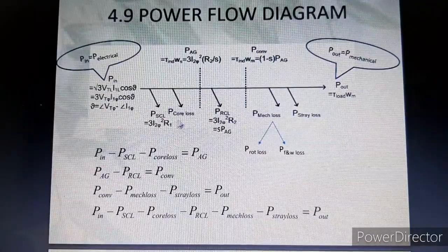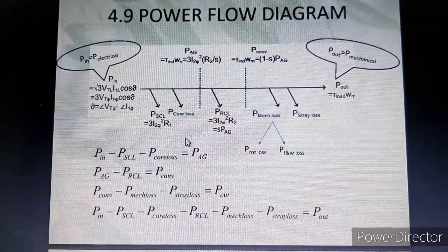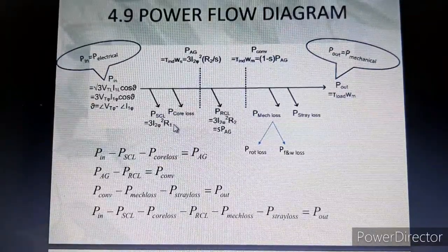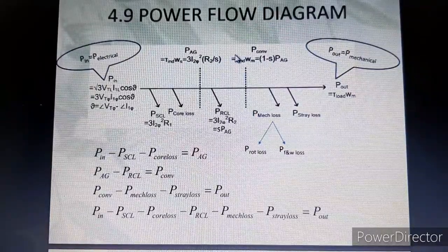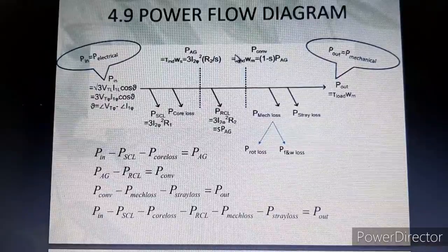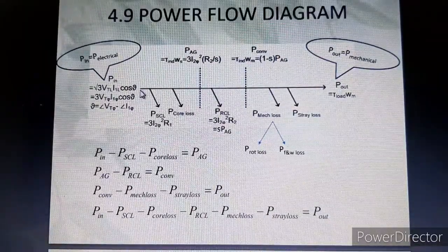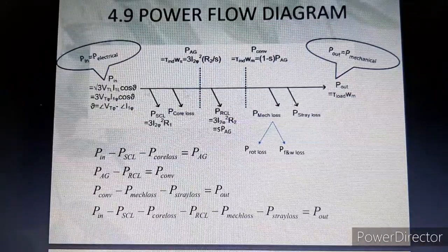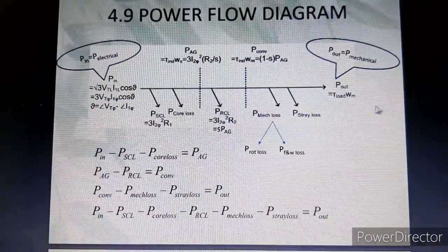Second rule, if you can't calculate it using the formula, for example, if R1 is not given, R2 is not given, then you can use the plus minus operation of the power flow.